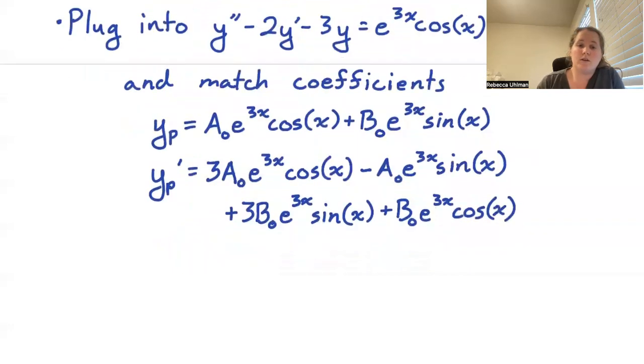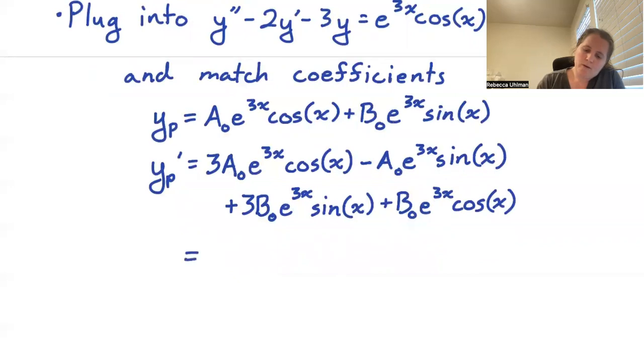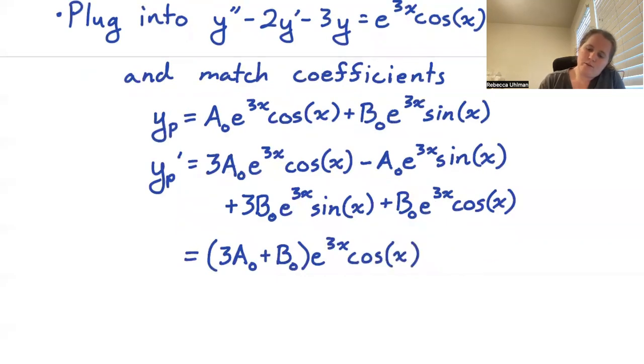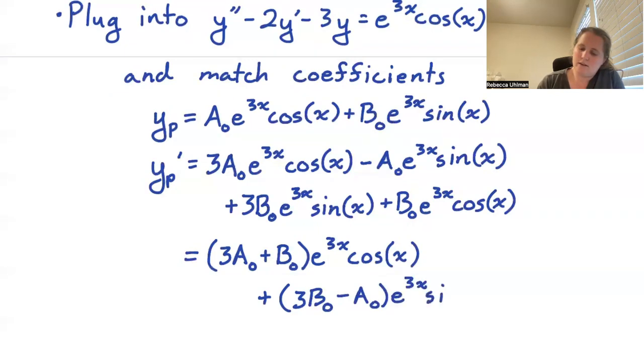So if we combine our terms here, cosine, we would have a 3a0 plus b0 times e to the 3x cosine of x. And then we would have plus 3b0 minus a0 times e to the 3x sine of x.